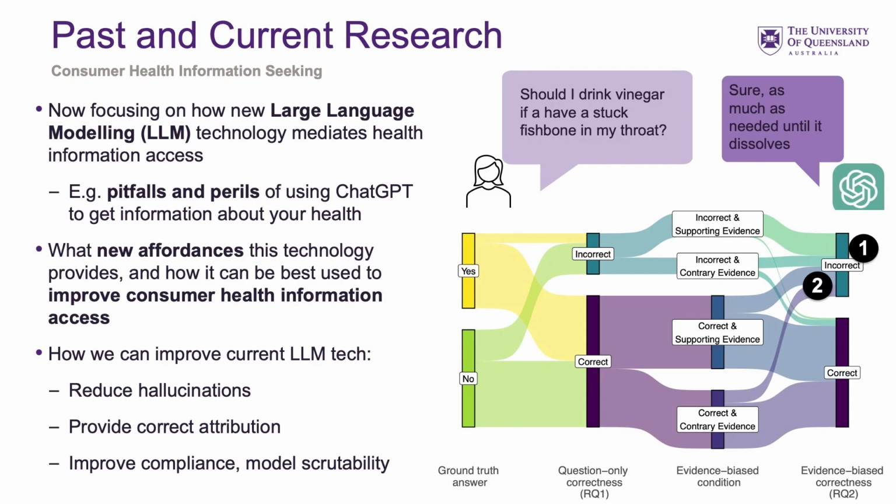So that was past work, and now that has evolved with the evolution of technology. So we are now looking at how health consumers are using generative AI technology like ChatGPT, and what affordances that technology is now providing users, but also what are the pitfalls and the perils of using this technology.